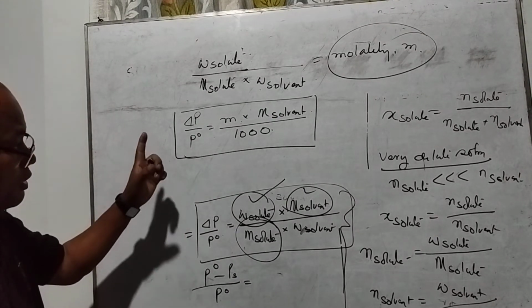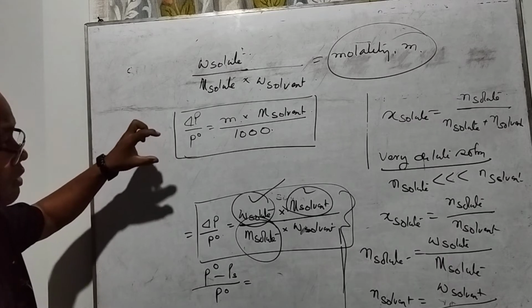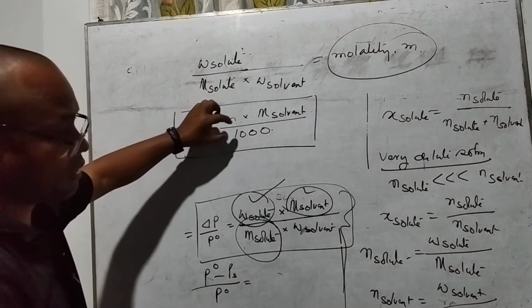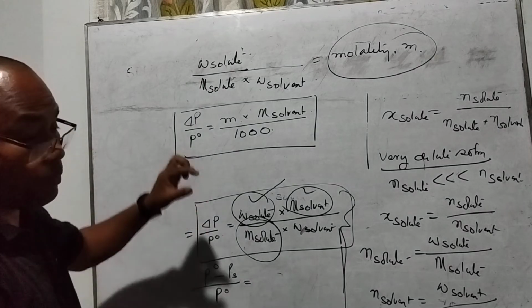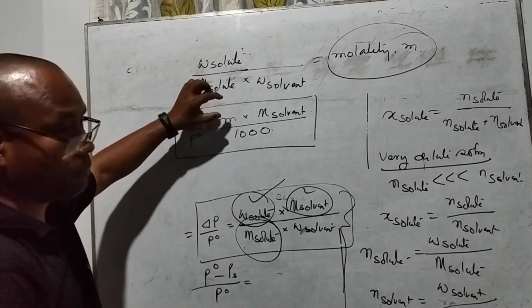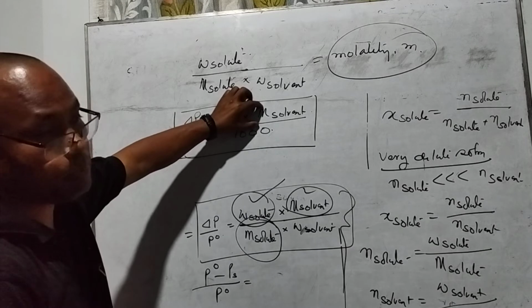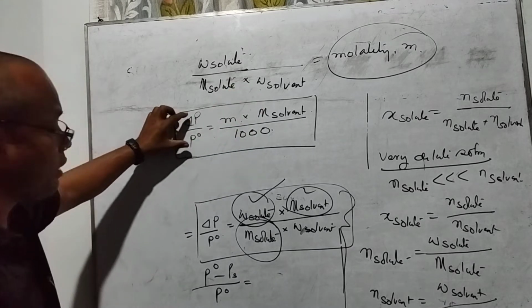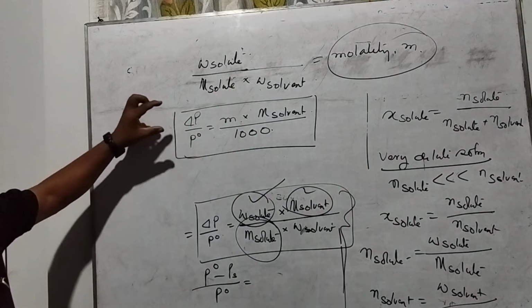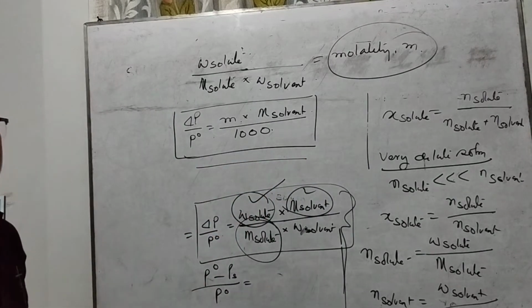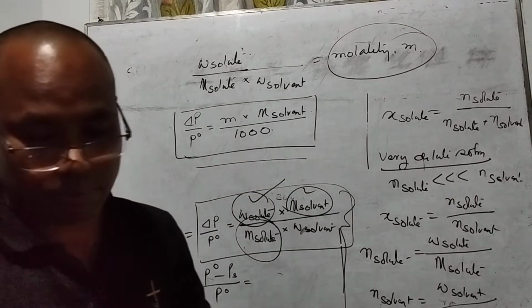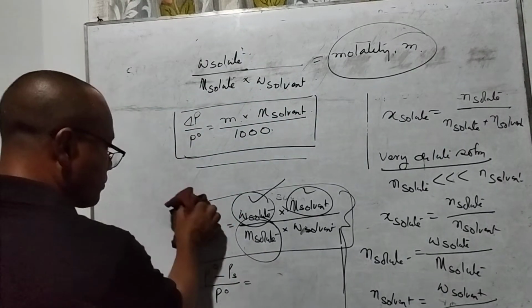If you know the molarity, and you know what type of solvent is given, we can find out the relative lowering of vapor pressure. So these are the mathematical expressions for the relative lowering of vapor pressure.